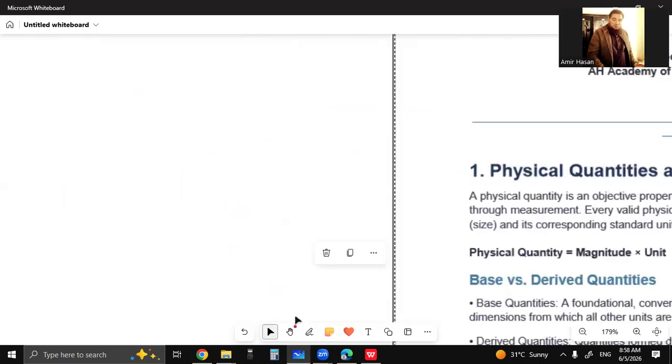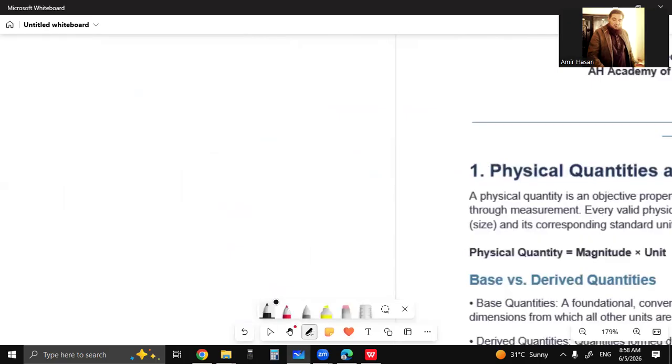We listen and read about different physical quantities in physics, like speed. Now, what is speed?